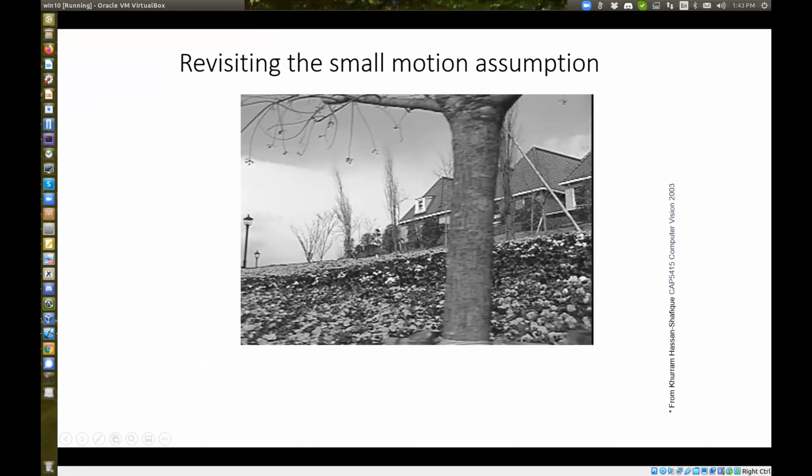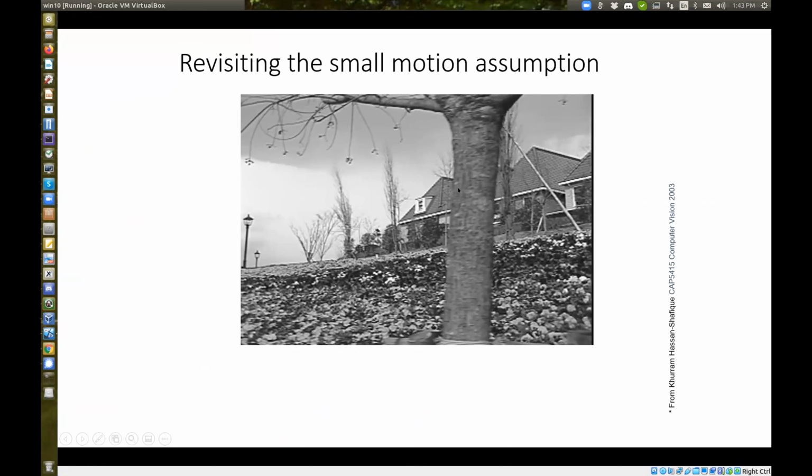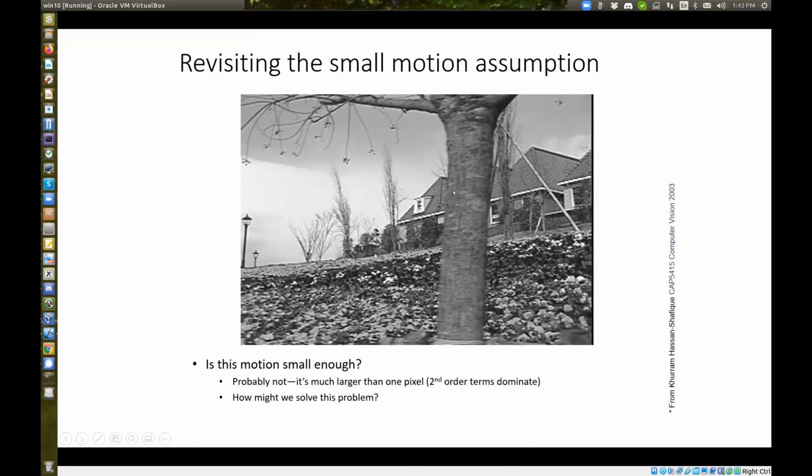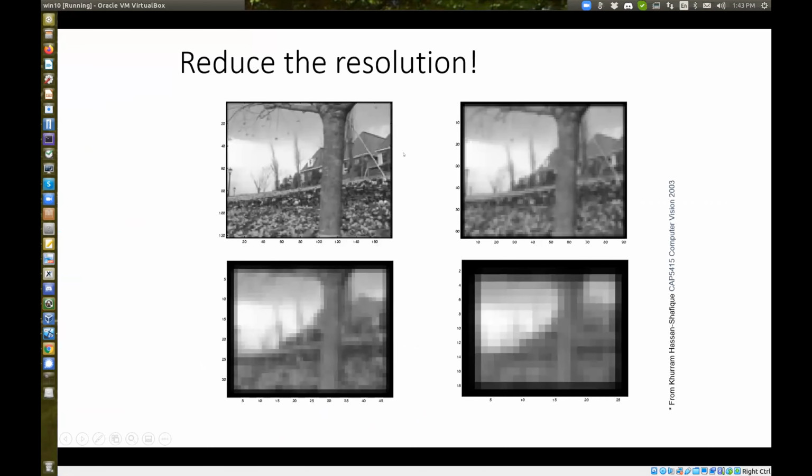So this may violate the small motion assumption. One way to fix this is a technique we mentioned in the past: we can build a pyramid that decreases the resolution.